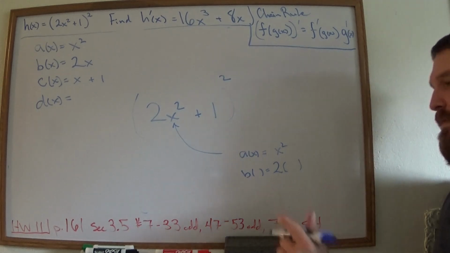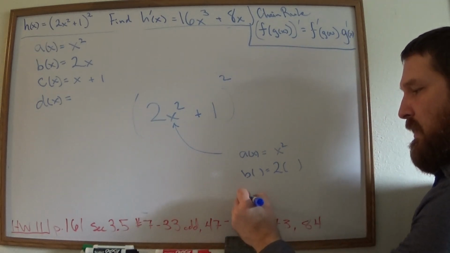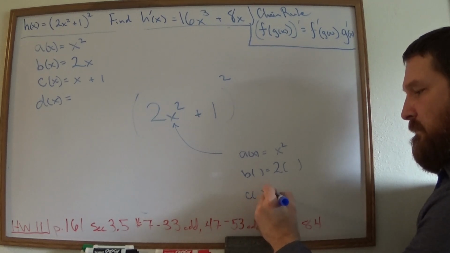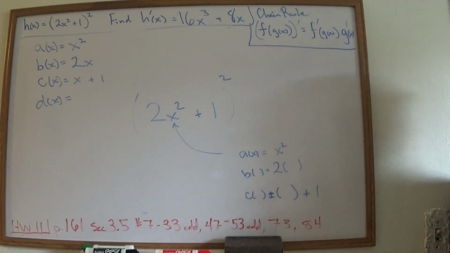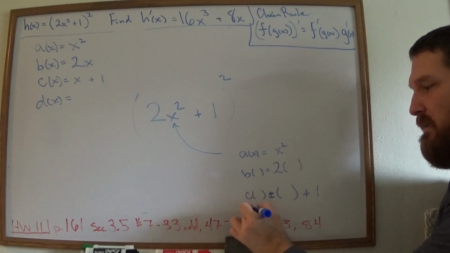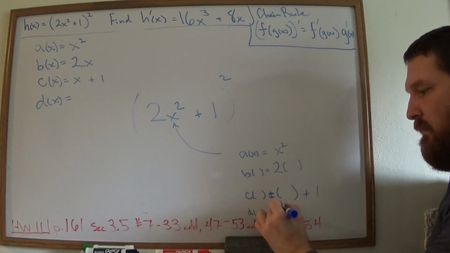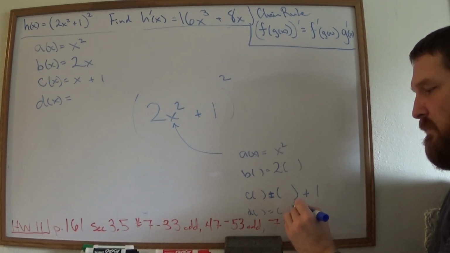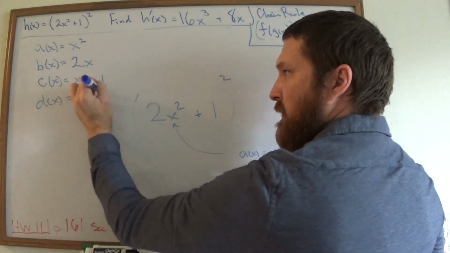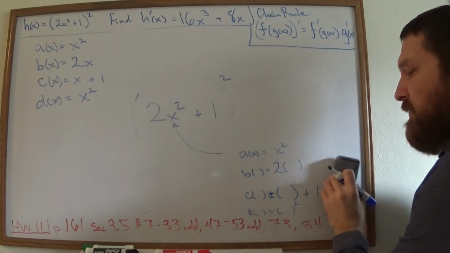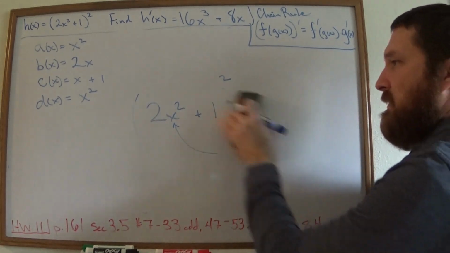Then c says take whatever you had and add 1 to it. Then d says take that entire thing, whatever it was, and square it, right? We'll check that when we compose these, to make sure that's what this is.